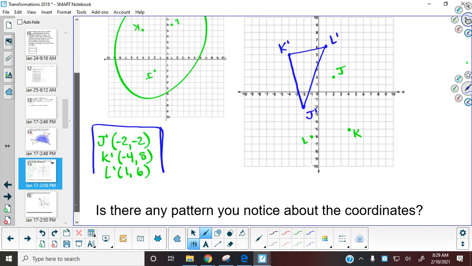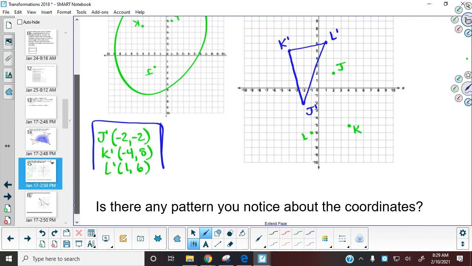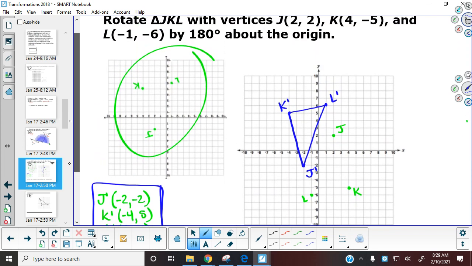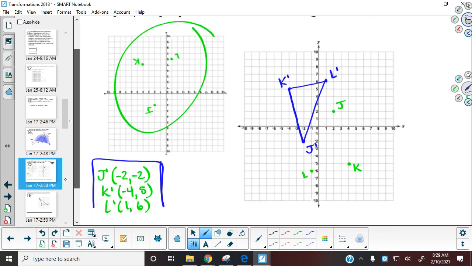Okay. Now notice at the bottom it says, is there any pattern that you notice about the coordinates? So what I'm going to do is take my original J and write it down here. My original J was 2, 2. My original K was 4, -5. And my original L was -1, -6.